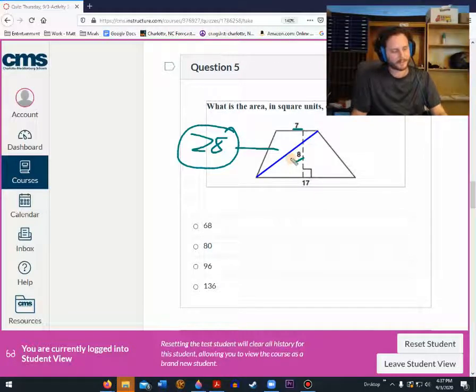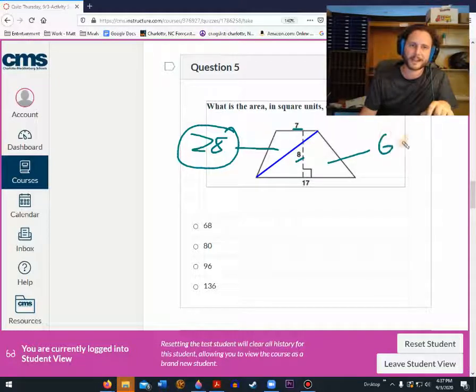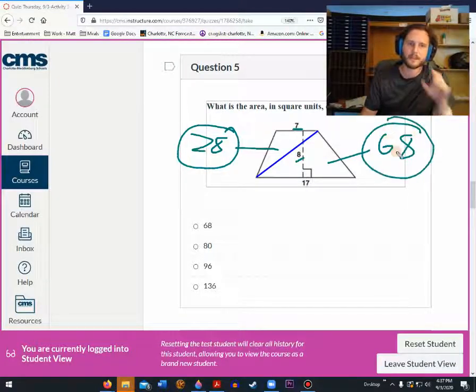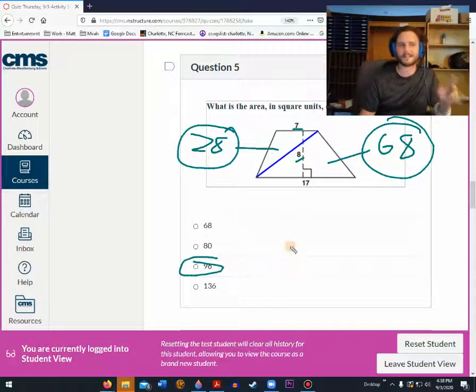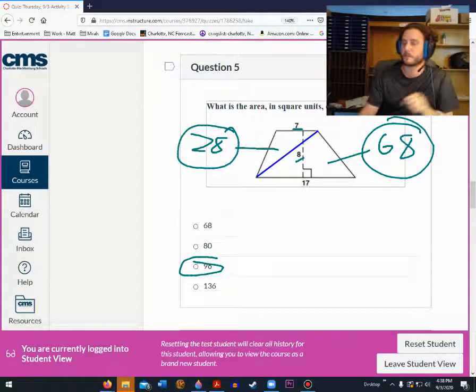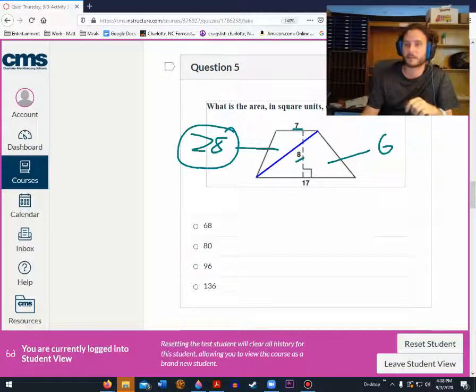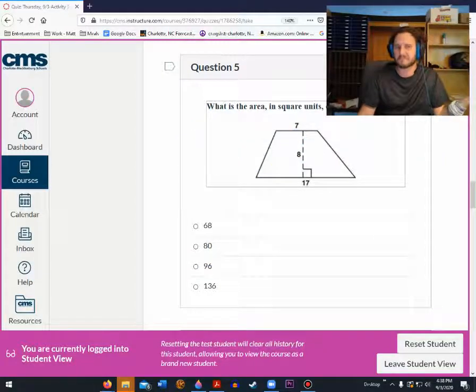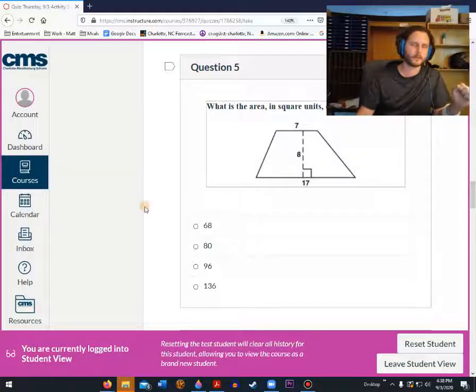So 17 times 8 divided by 2 gives you an area of 68. 68 plus 28 is going to give you an area of 96 centimeters, or 96 units squared. It doesn't tell us what units, so we'll just say 96.